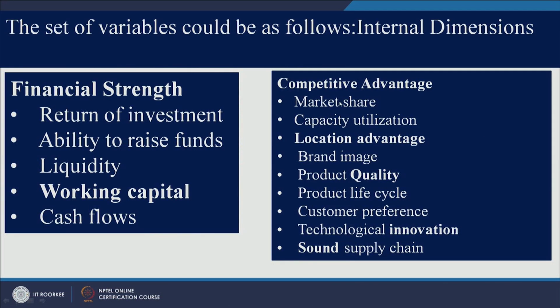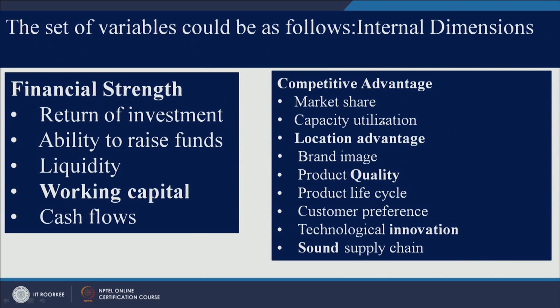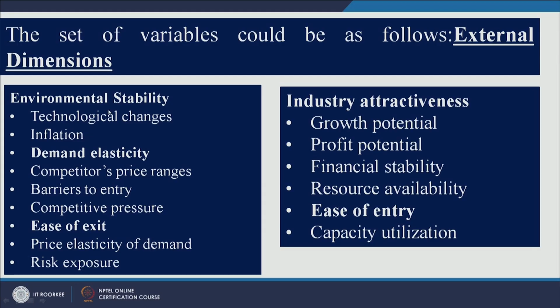Brand image and product quality all come under competitive advantage. So financial strength and competitive advantage are internal to your organization. But environmental stability and industry attractiveness are external to your organization, so we will call them external dimensions.